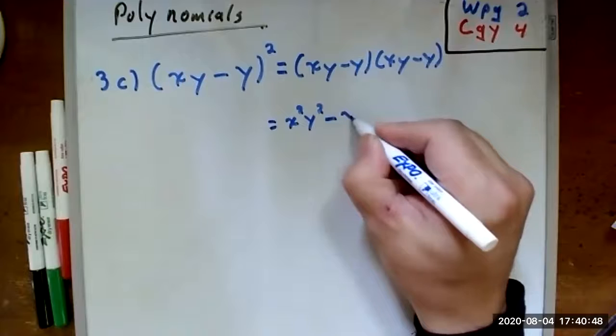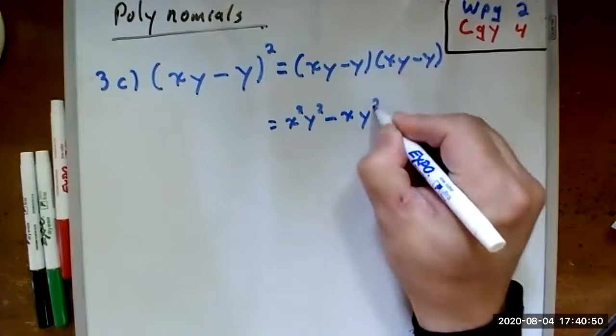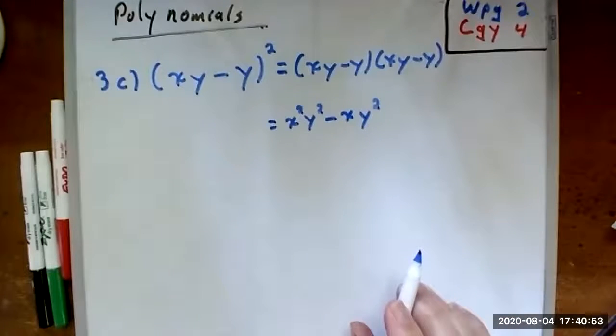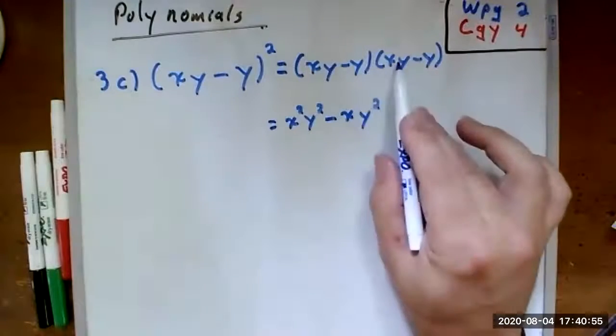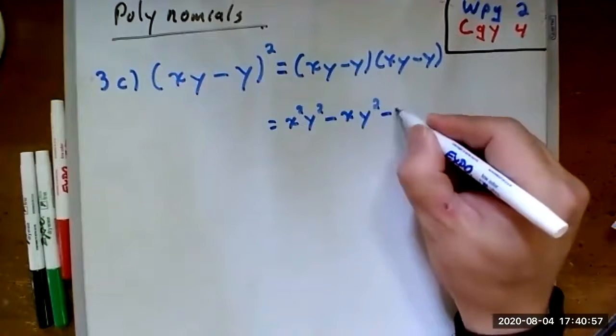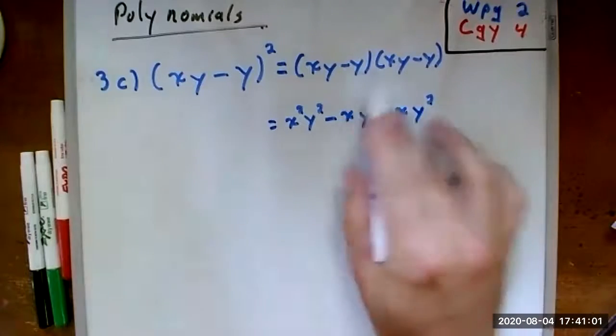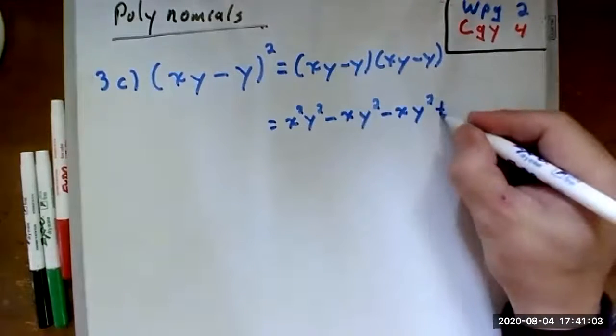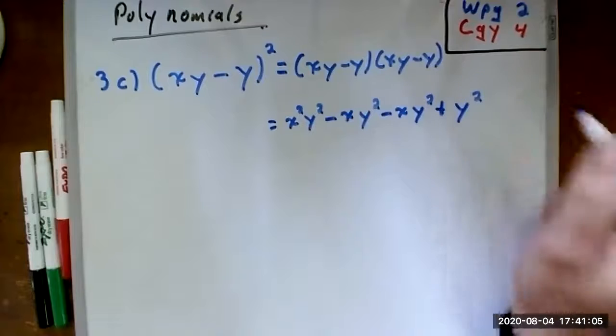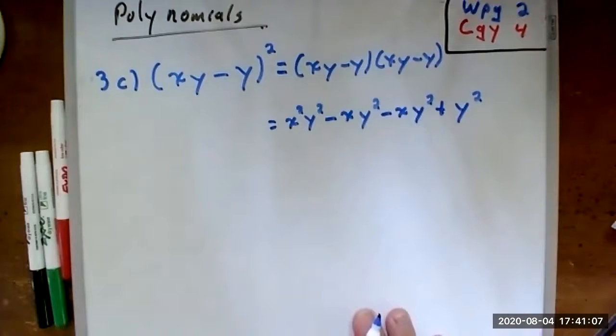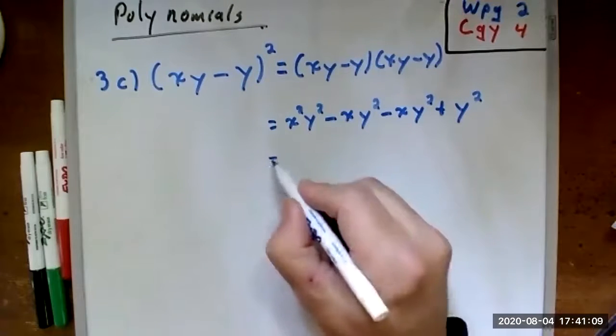There's a couple of ways you can write this. I'm going to write this as x squared y squared. And then xy times negative y is going to be negative x y squared. Negative y times xy is also going to be negative x y squared.